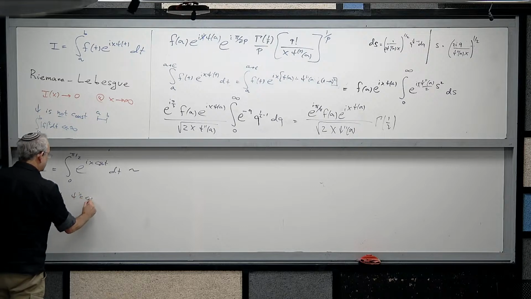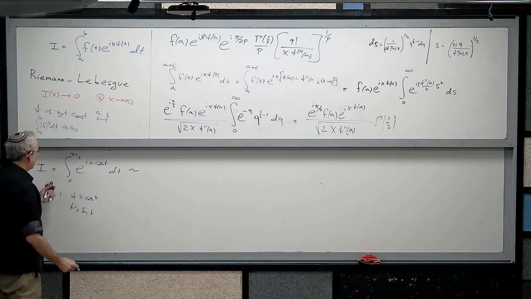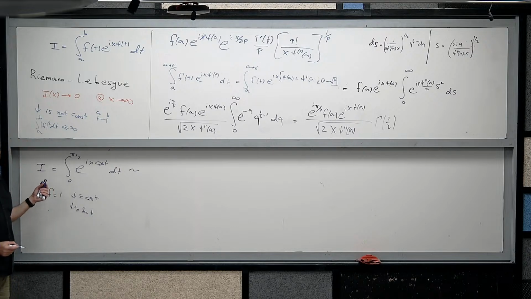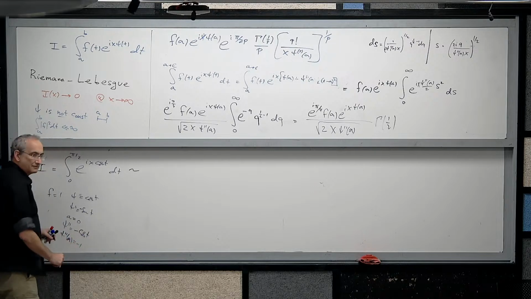Psi is cosine t. And psi prime is minus sine t, and where is sine t 0 in the interval between a and b? At 0. So a is 0. And psi double prime is minus cosine t, so psi double prime at a is minus 1.